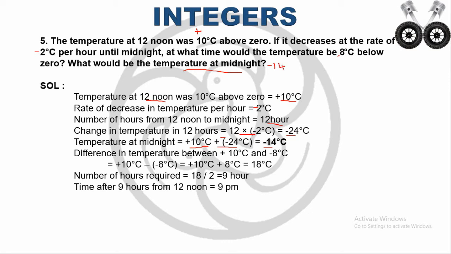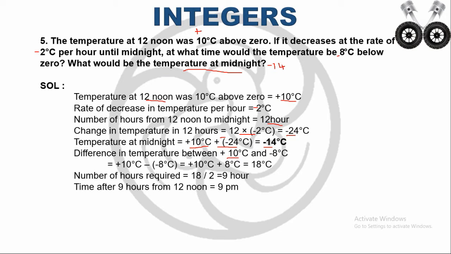So what is the next question? At what time would the temperature be minus 8 degrees Celsius? For that we have to find the difference between the noon temperature and the temperature given in the problem. The temperature at noon is 10 degrees Celsius, and in the problem the temperature is given as minus 8 degrees Celsius.